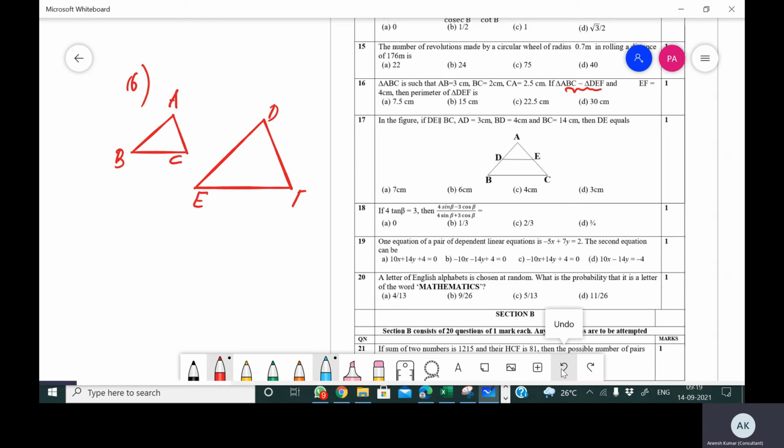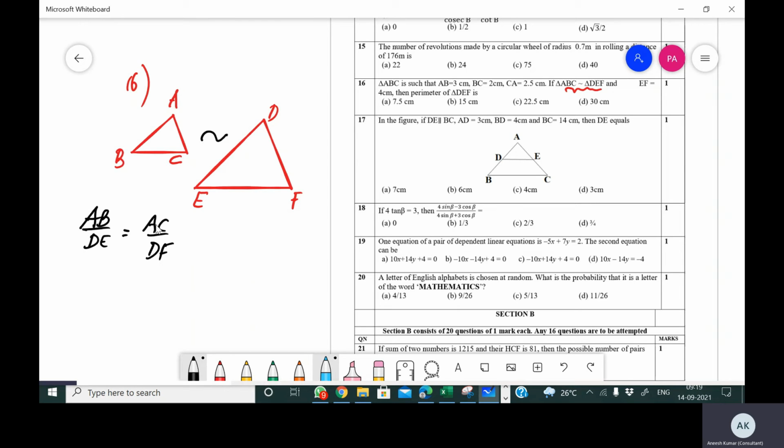Then if two triangles are similar, okay, what we are using is the ratio of corresponding sides, like AB. Okay, this is the side AB. Like that, the second figure has DE, so we can write, if two triangles are similar, it is given here, they are similar, so we can write AB by DE is equal to AC by DF.